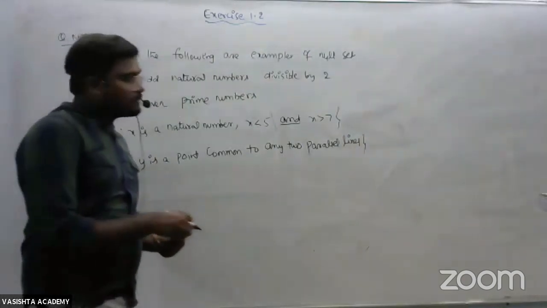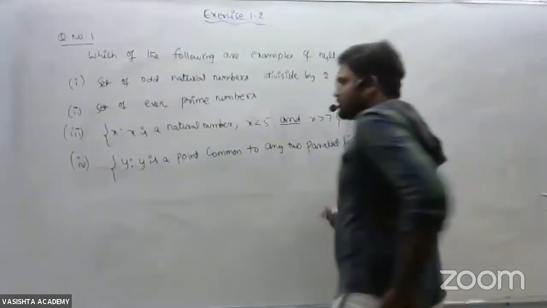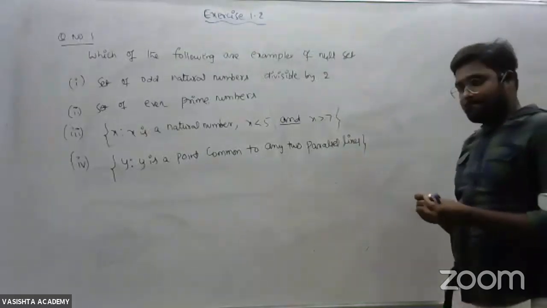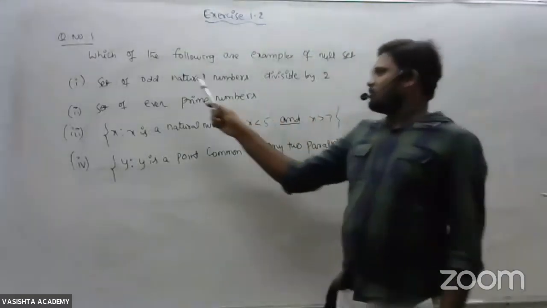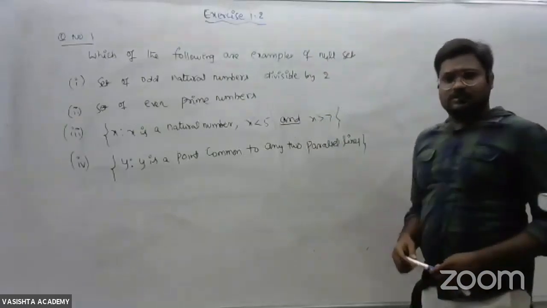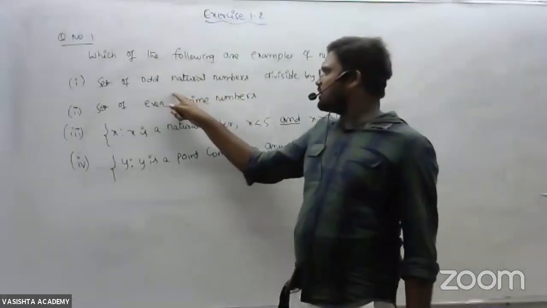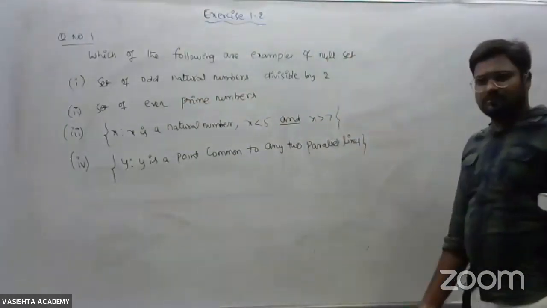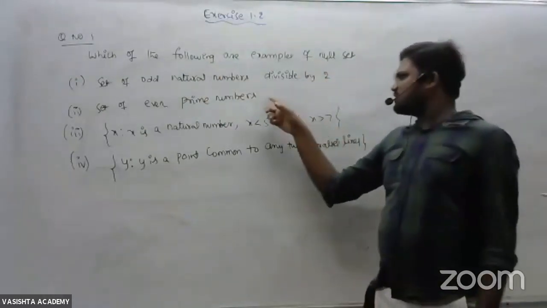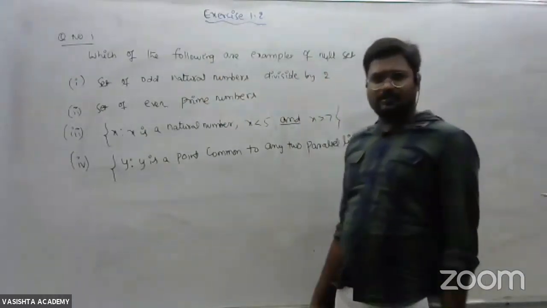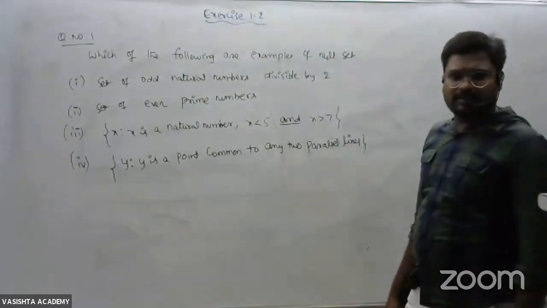So these 4 questions. Which of the following are examples of null set? Set of odd natural numbers divisible by 2. Now, do you find any odd natural number which is divisible by 2? No. Even numbers are divisible by 2, right?